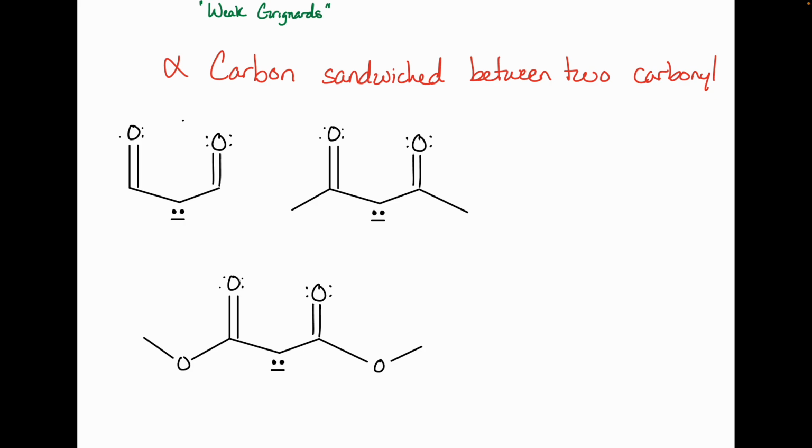Okay, they don't have to be symmetric. Make one side an aldehyde, one side an ester, whatever it may be, right? The bottom line is you have this alpha carbon that is sandwiched between two carbonyl carbons, so we get this extra stabilized carbanion.